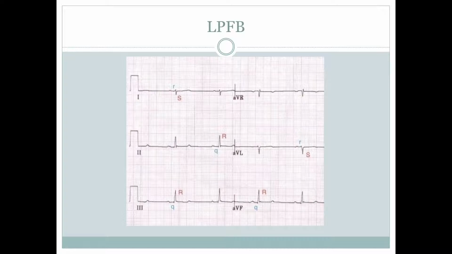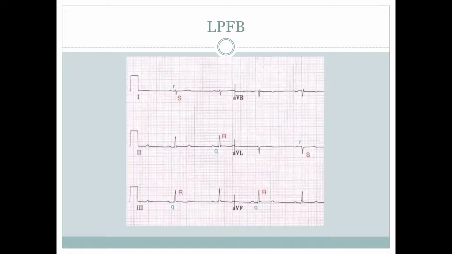If you can remember the left anterior fascicular block, just reverse it, and you can remember the left posterior fascicular block. So in leads 1 and AVL, you get that small R wave and a deep S wave, whereas when we were talking about the anterior fascicular block, that pattern was in the inferior leads. And then in the inferior leads, in the posterior fascicular block, there is a small Q wave and a really tall R wave.